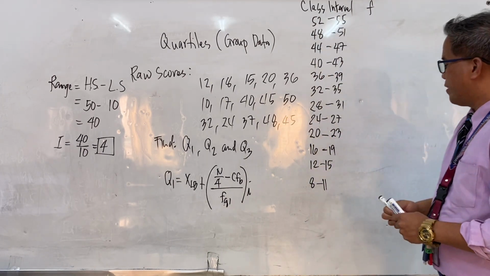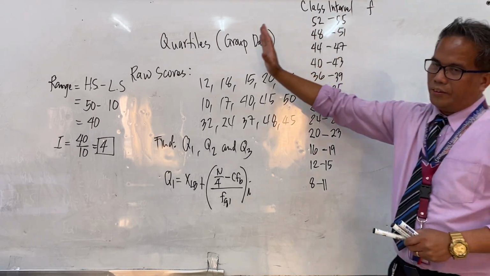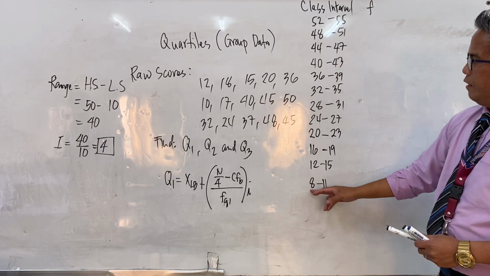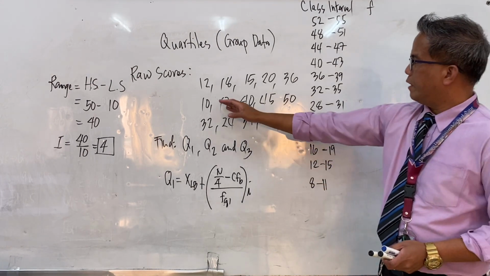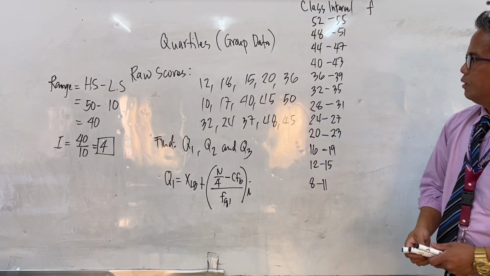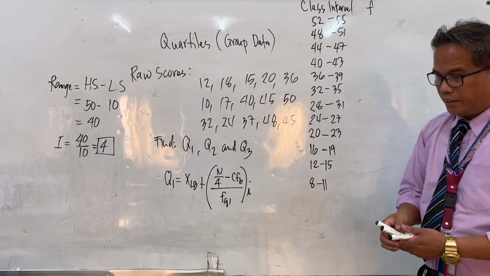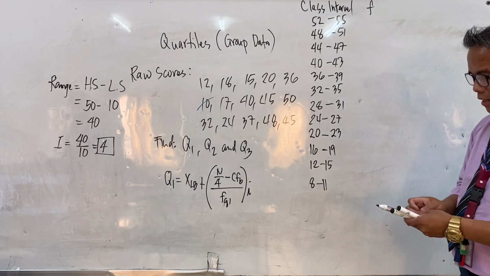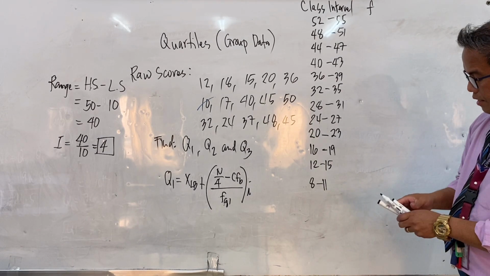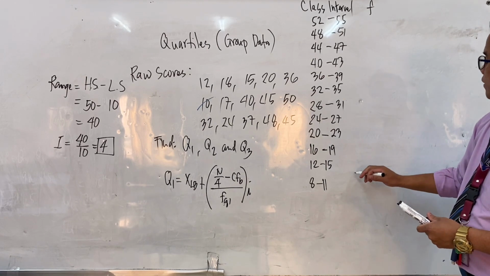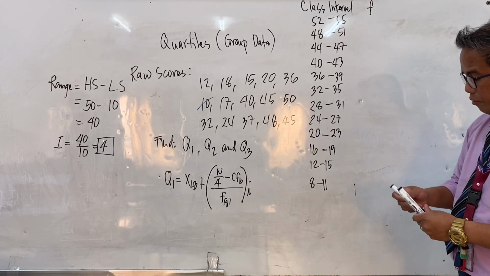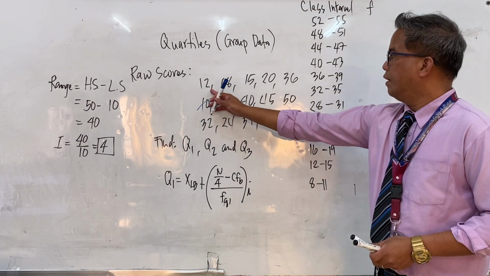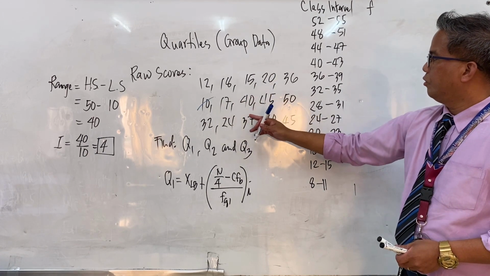Next, frequency. We will not use tally here, we just proceed to frequency. For 8 to 11, how many? We have only 1, that is only 10. If possible, you can cross it out. So the answer is 1. Then for 12 to 15, how many? 1, 2, so 2 only.